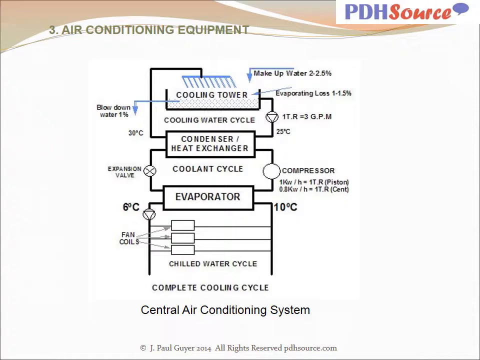In the center there is the refrigeration cycle, with the refrigerant in the pipe and containing all of the fundamental elements: the condenser, the compressor, the evaporator, the expansion valve.